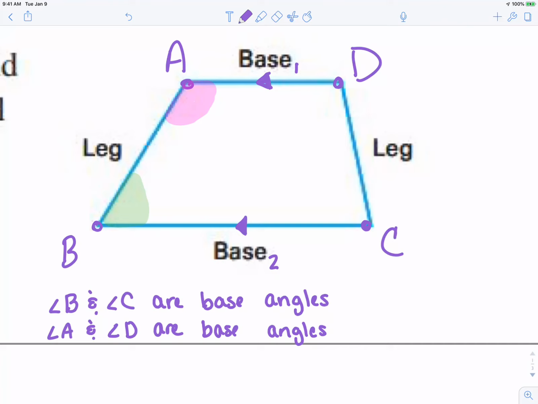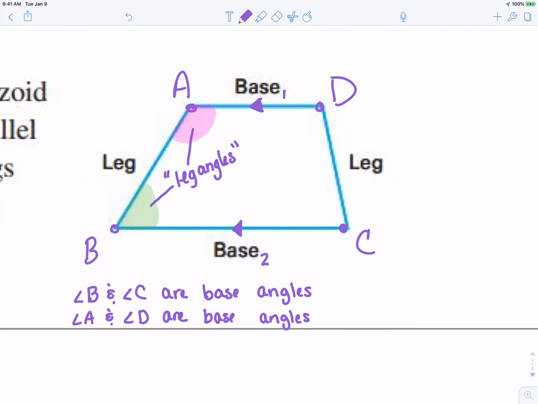So I like to refer to these as leg angles. It's not a real term, it's just an easier way to remember this kind of angles. You'll see what they are in just a second. There's also angle D and angle C, which I also like to refer to as leg angles.